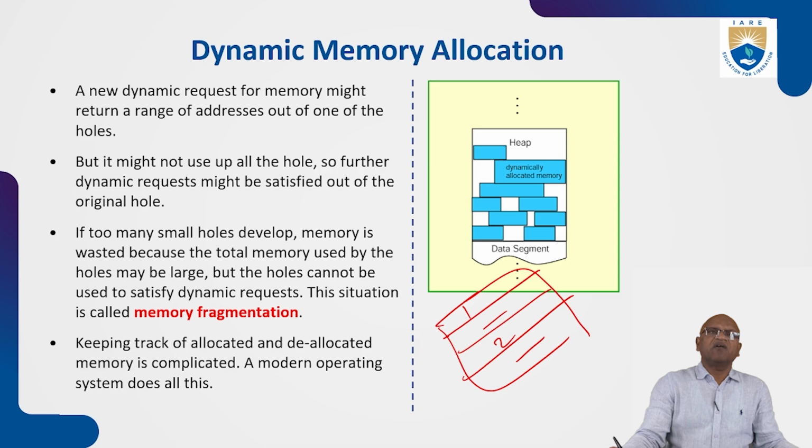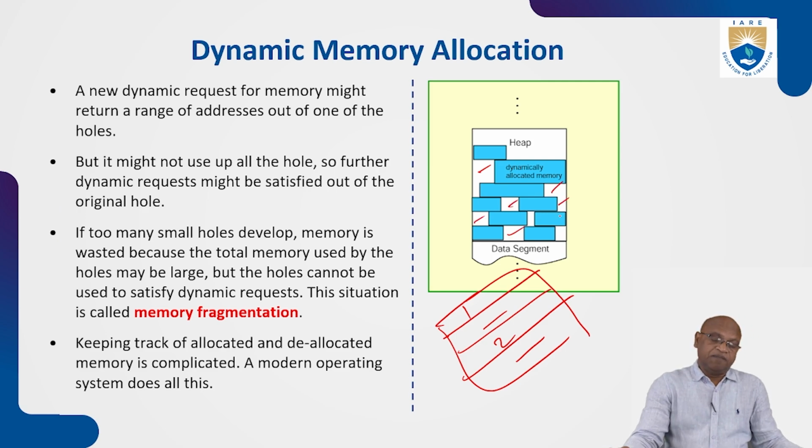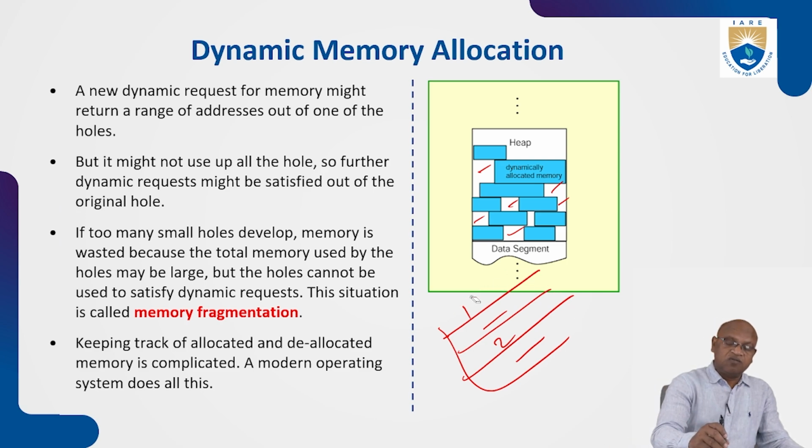So keeping track of allocated and deallocated memory is complicated. A modern operating system does all this, because it will combine these holes. This is one hole, this is one hole, like these holes are there. Since the space is less, we cannot allot these holes to some other process dynamically.